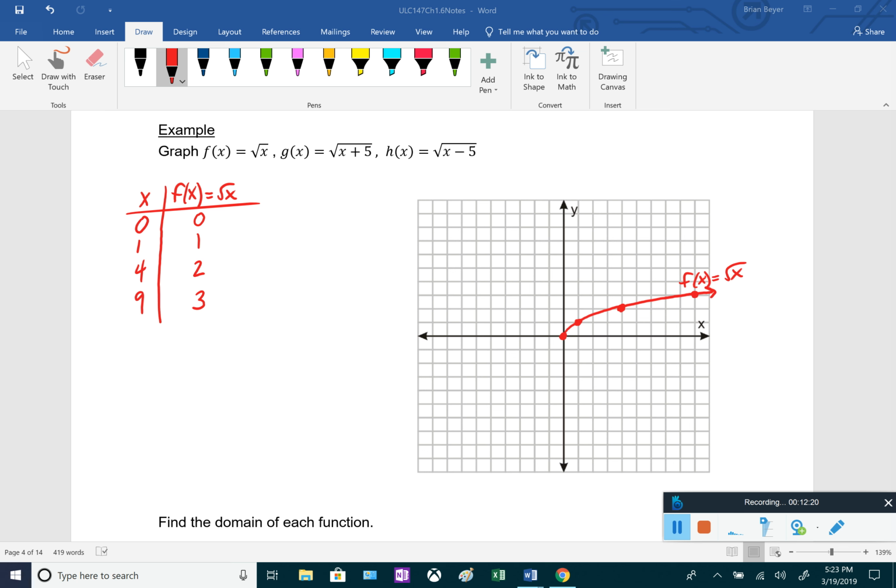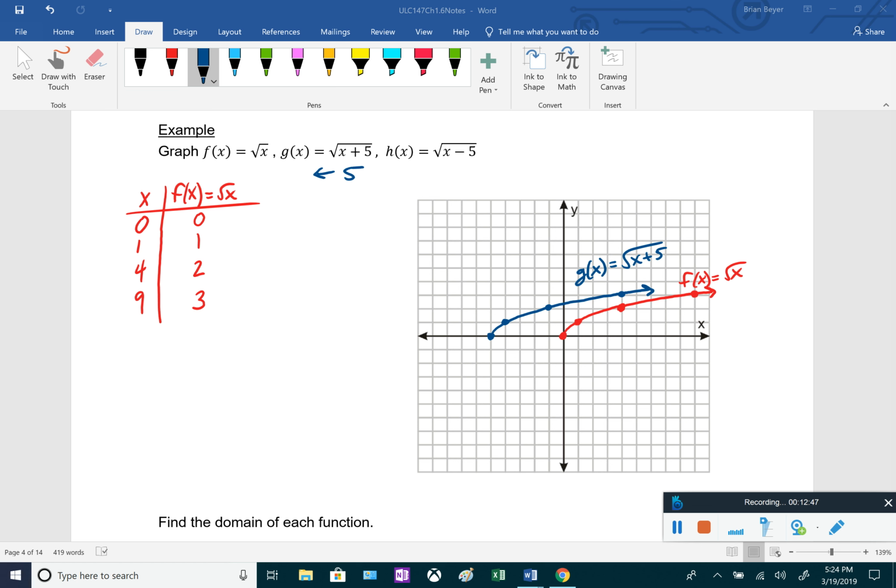So let's take a look at g of x, the square root of x plus 5. We know that it's going to be a horizontal shift because it's directly on the x. The plus 5 means it's to the left 5. So we're going to move every point to the left 5 units. And we'll get that blue curve on the left.